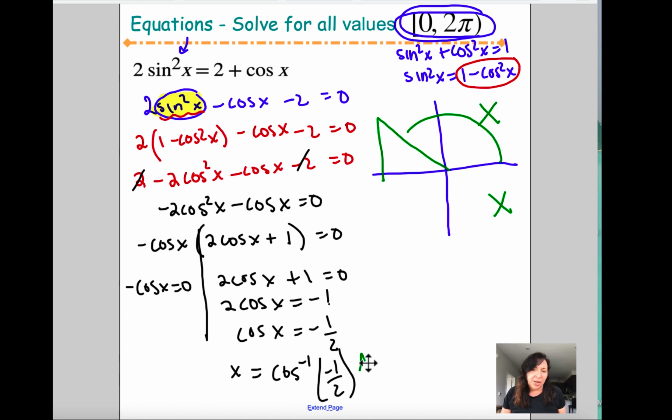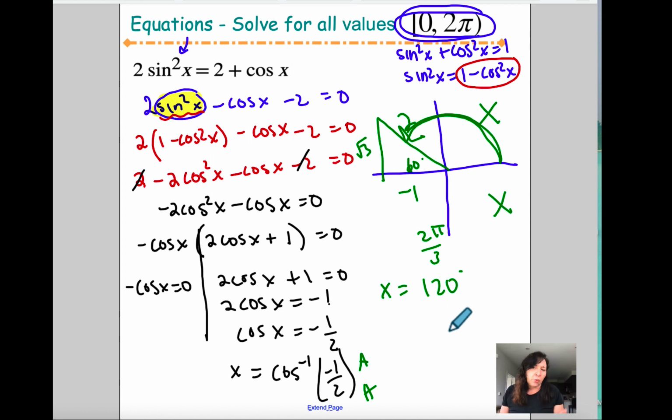Cosine is adjacent over hypotenuse. So negative 1 over 2, which means that's a root 3, which means that's 60 degrees. So 60 degrees is not my answer. That's just my reference. So I'm going to go from here to here, and that's 120 degrees because that makes 180. So one of my answers is 120 degrees, or I could say 2 pi over 3, if you think in radians or degrees.